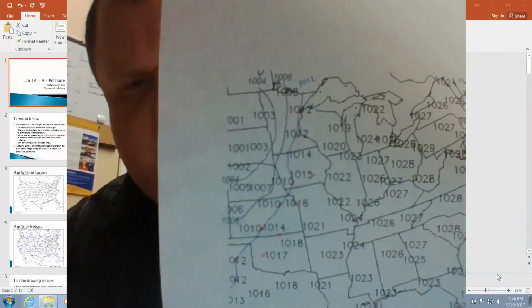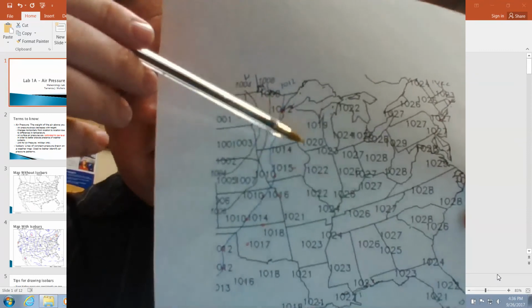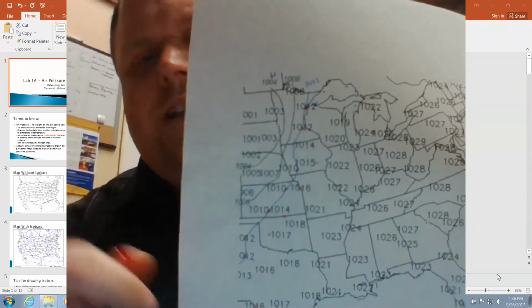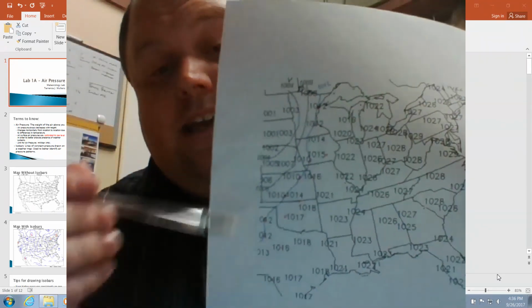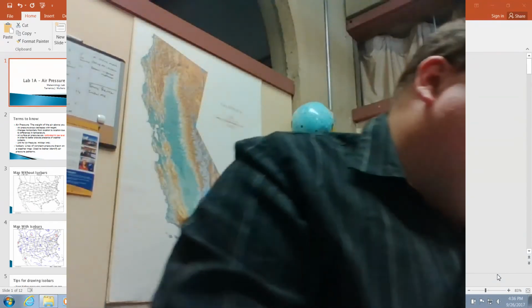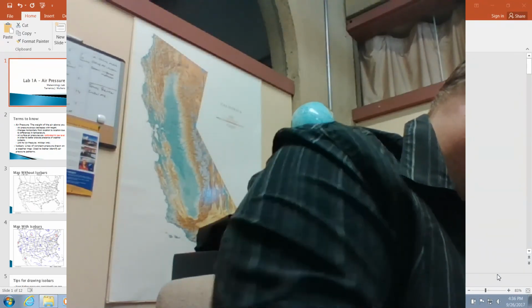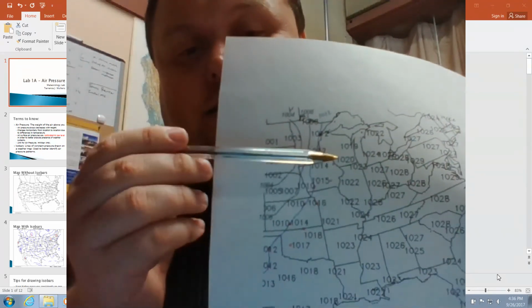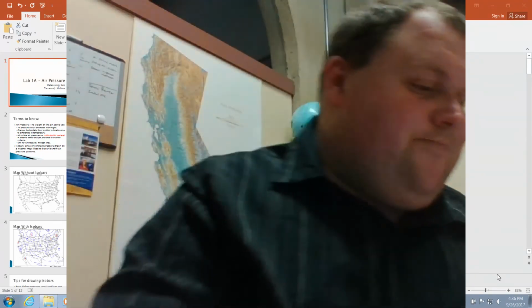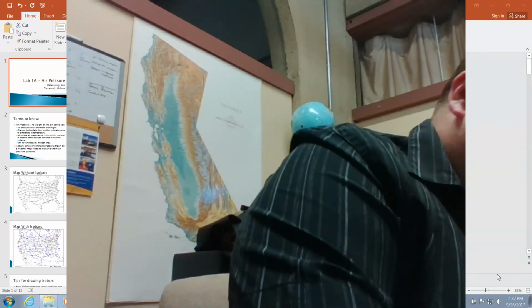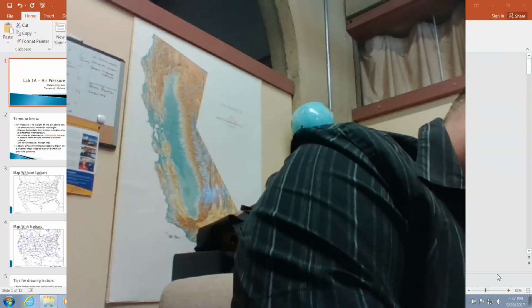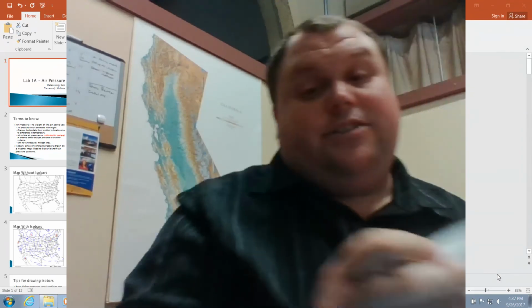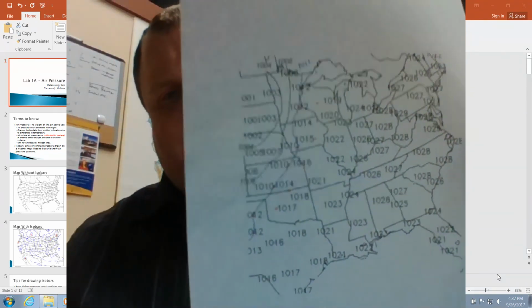And then another one between 1014 and 1020. Probably a little bit closer to the 1014. And then there's another one up here between 1012 and 1019. And that's probably going to be a little bit closer to the 1019. Probably not super closer.